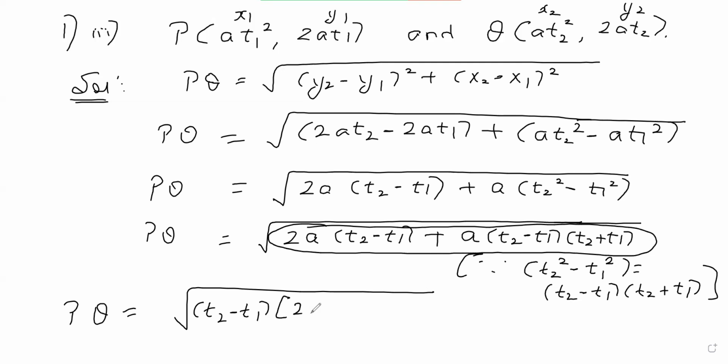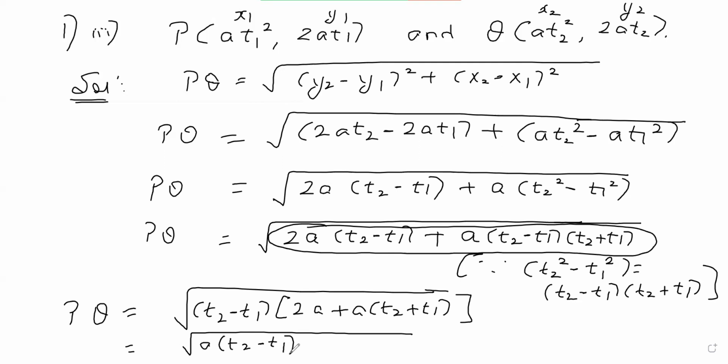In the bracket, I get 2a plus a times t2 plus t1. In fact, I could have also taken a outside the bracket. So if I do that, I can write a times t2 minus t1 times 2 plus t2 plus t1. So I get 2 plus t2 plus t1.